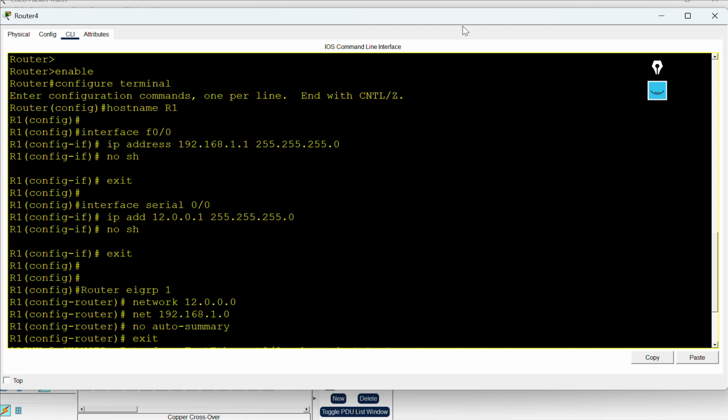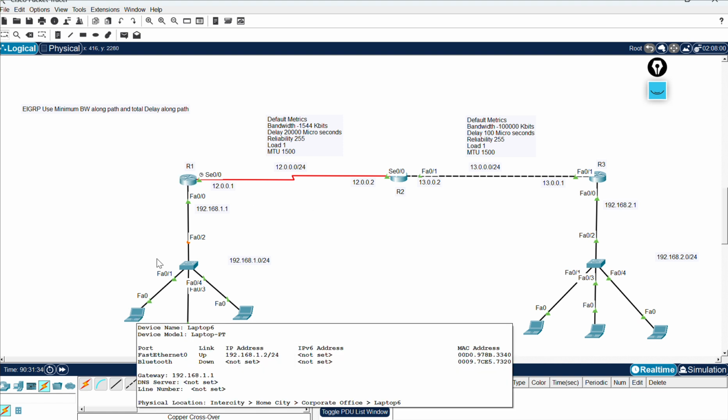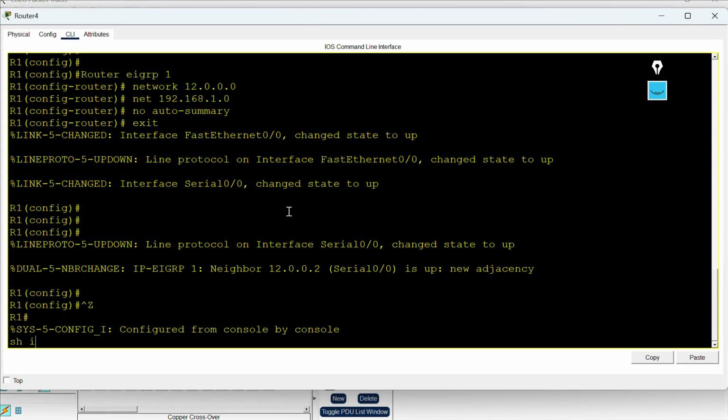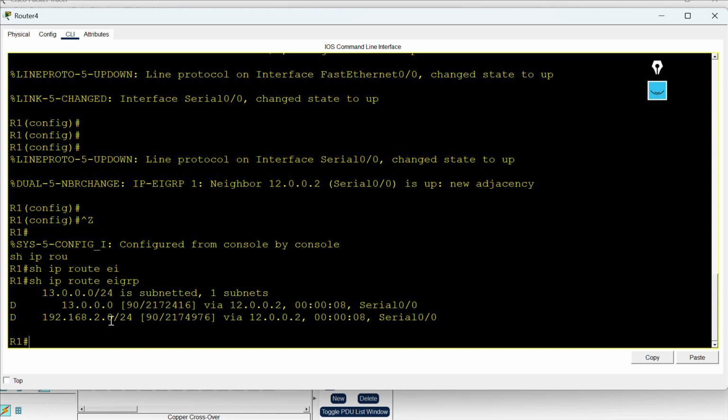Okay. Now first verify the routing table in R1. Show IP route EIGRP. See here, the 192.168.2.0 network has been received from 12.0.0.2. 12.0.0.2 is the R2 IP address.